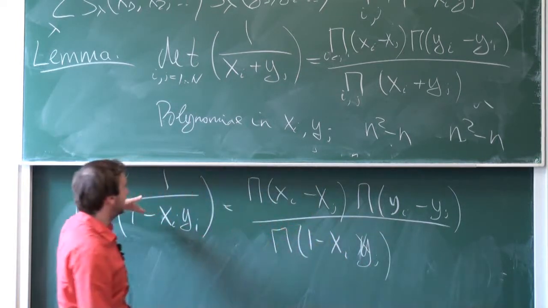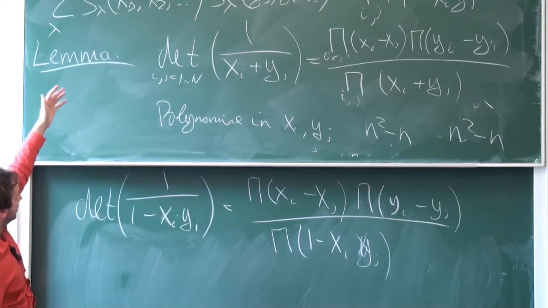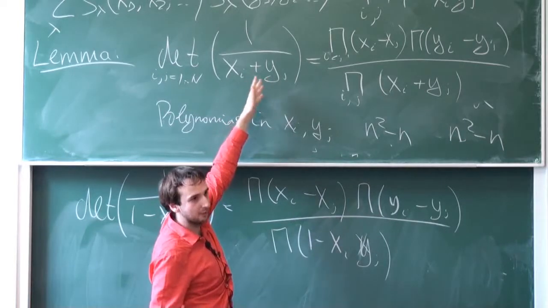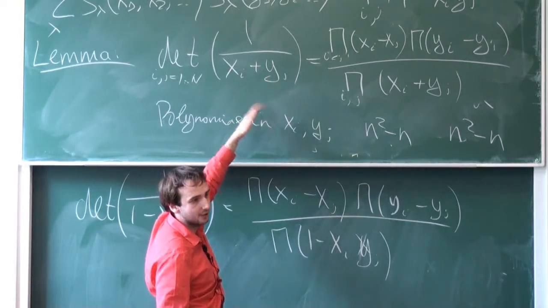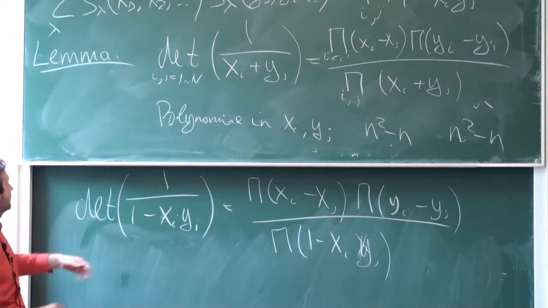So here you consider again a finite collection of variables, say n, and this is obtained from the previous one just by the change of variables y_j to 1 minus y_j and changing the signs. So this is pretty much the same identity.